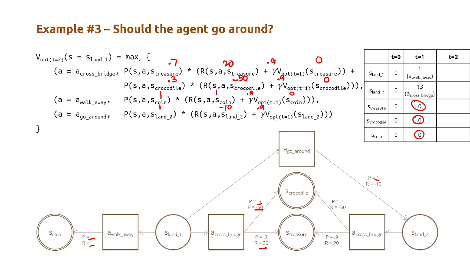Okay, so this is where things get a little bit exciting. V opt, the optimal value of S land 2 at t equal to 1, is not 0. It is 13. So we write 13. Let me just fix the equations real quick, times plus.